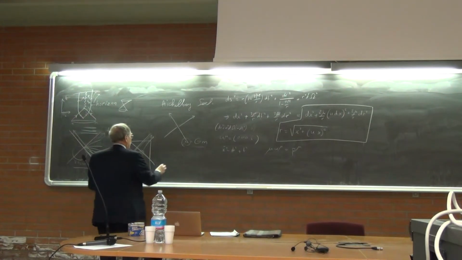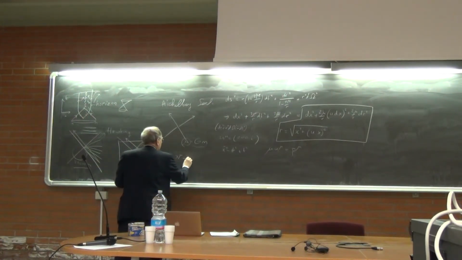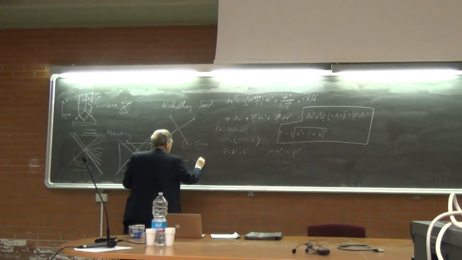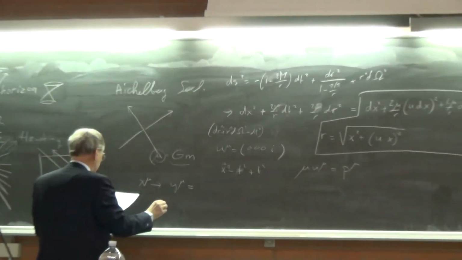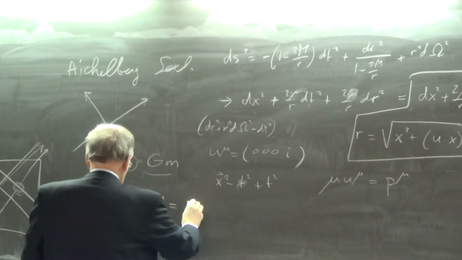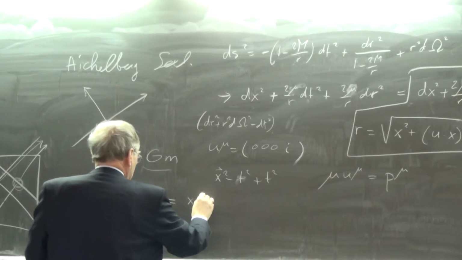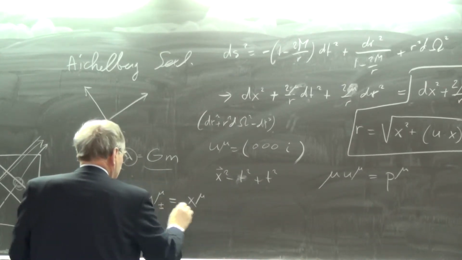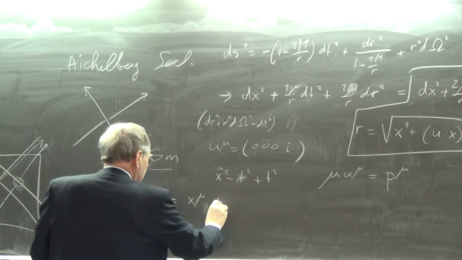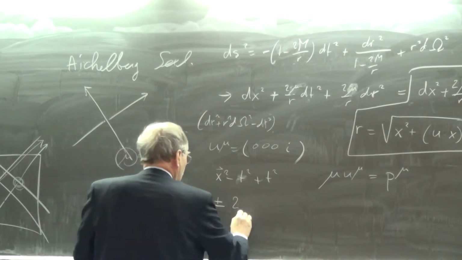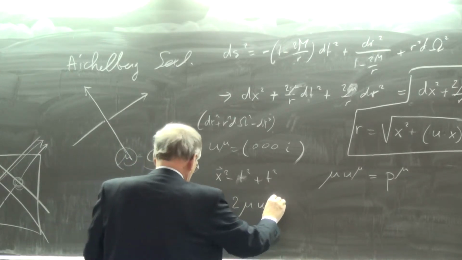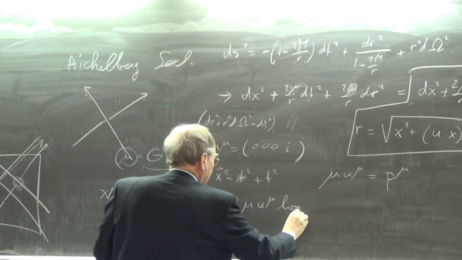I go from the coordinates x mu to the coordinates y mu, which is x mu plus or minus 2 mu u mu log r.